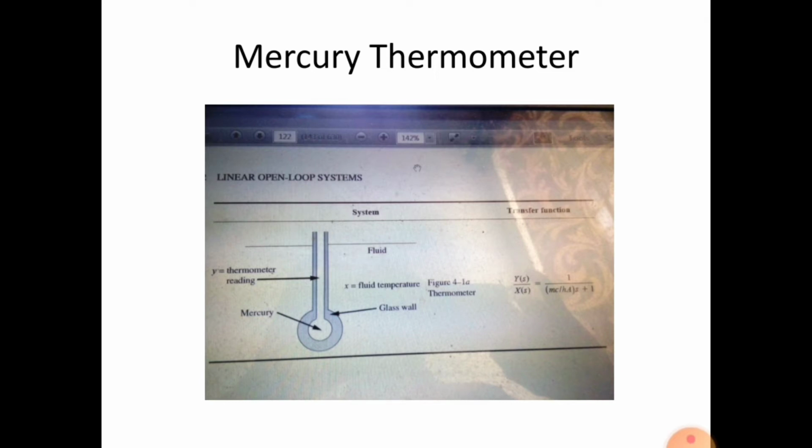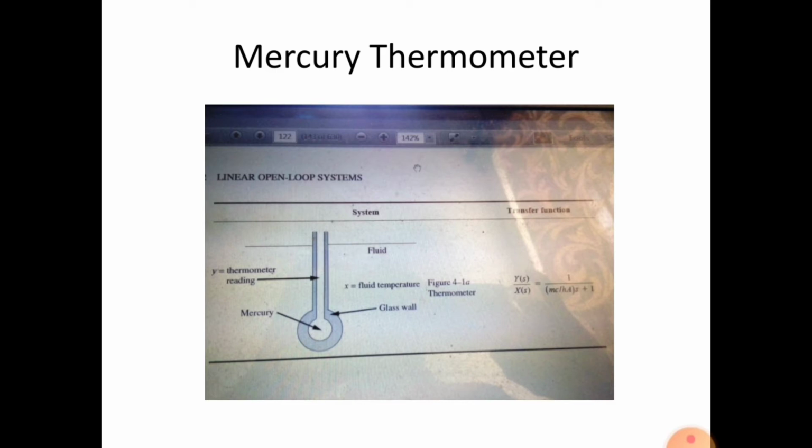Here also we can assume all the heat capacity lies only within the mercury. Also we assume the expansion of the mercury is considered here. We are not going to consider the expansion of the glass wall. With these three assumptions, a thermometer is used to measure the temperature.